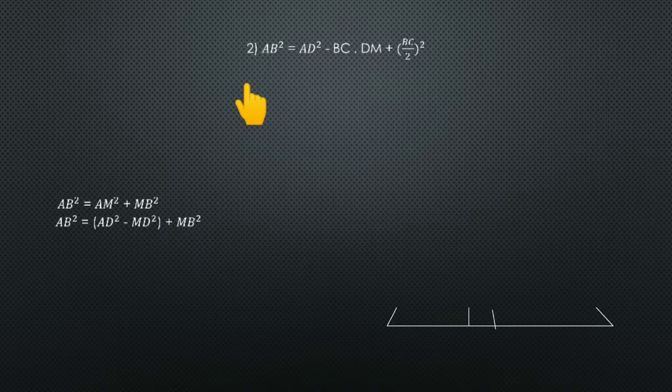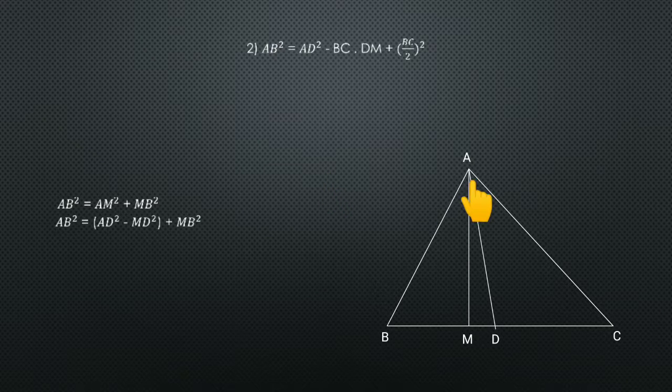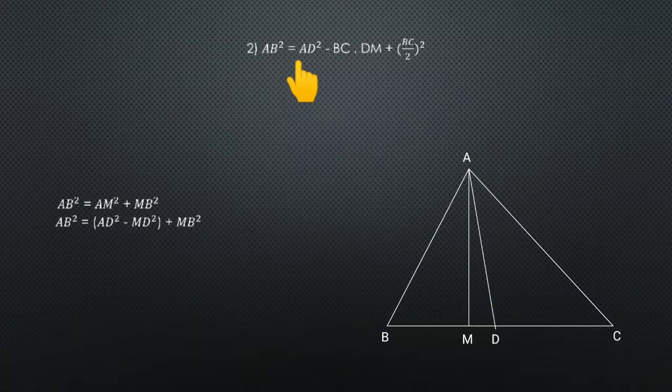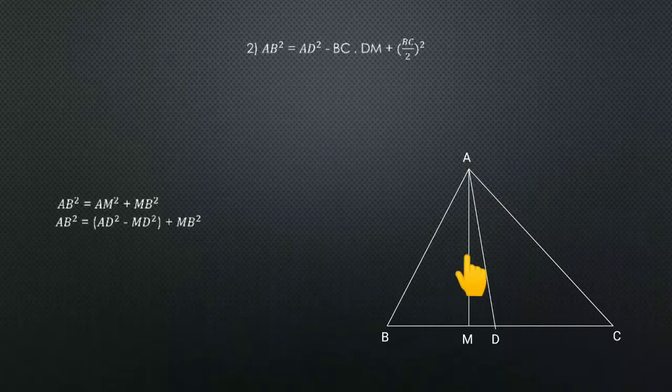Now the next result: we have to prove AB square is equal to AD square minus BC into DM plus BC by 2. Here we have AB square, therefore we use Pythagoras theorem for triangle AMB, and here we have AD square, so for triangle AMD we can use Pythagoras theorem.